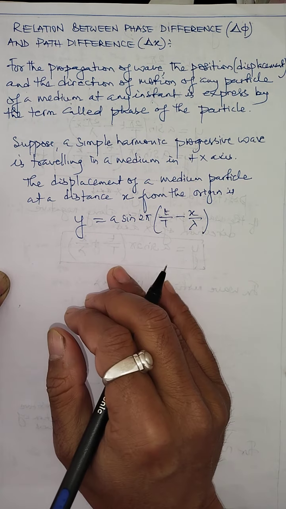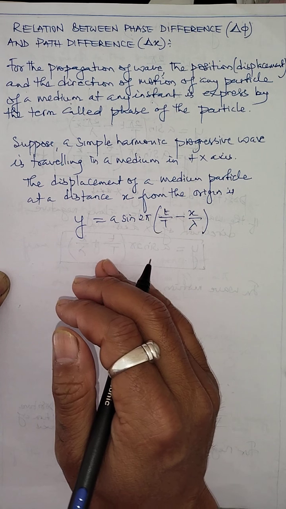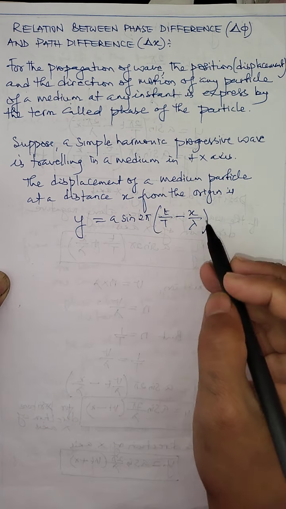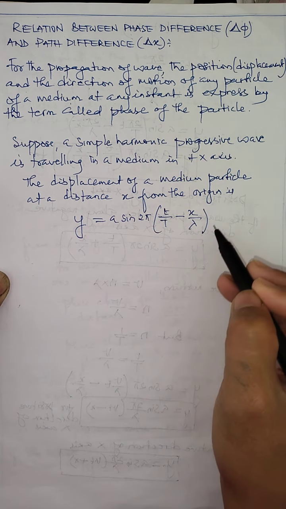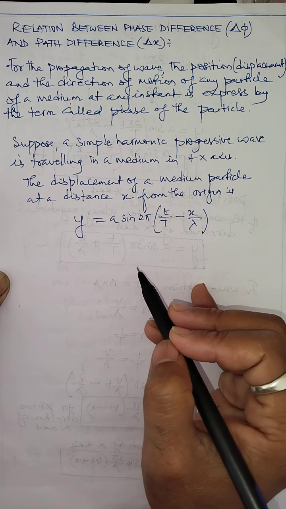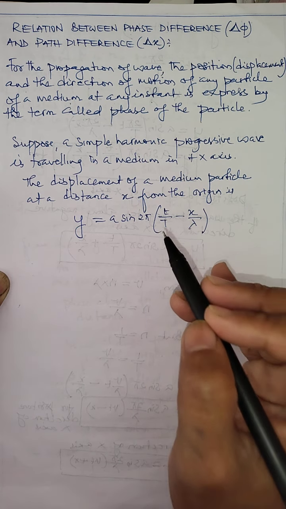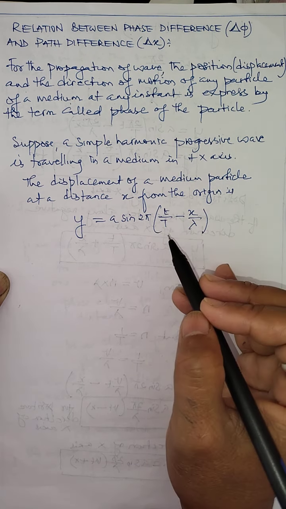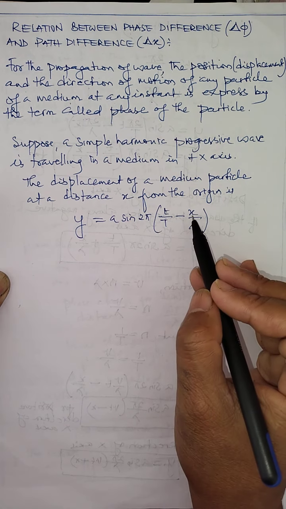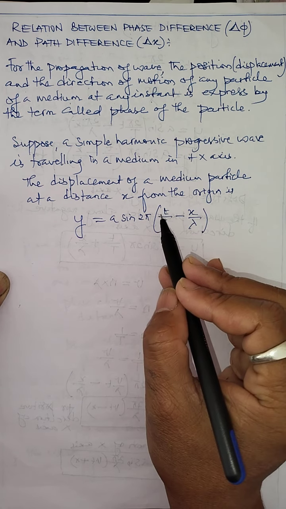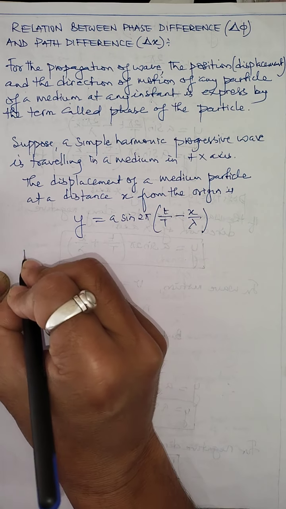Now in this equation, the sine is taken of this quantity. So this is an angle, and this is the phase of the particle at position x at any instant of time t.